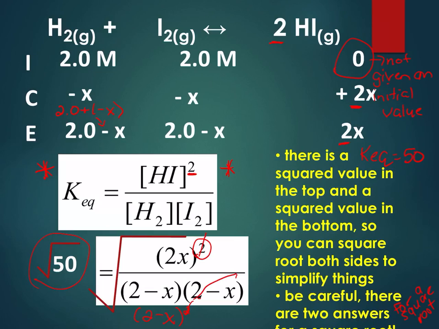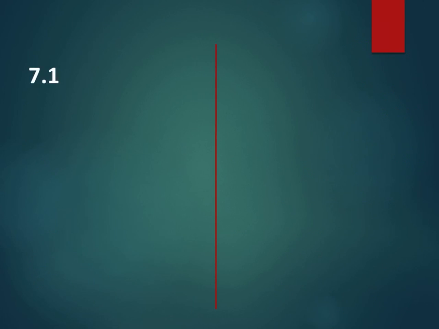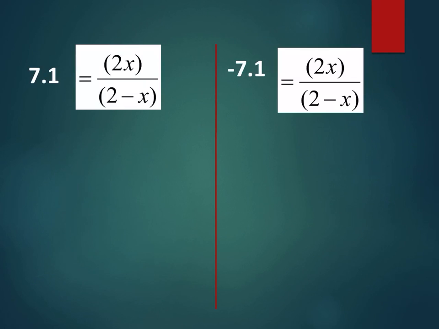So the square root of 50 is positive and negative 7.1. Okay, so we're going to consider both of those if you want to divide your paper a little bit. And we have 2x and 2 minus x. So even if we do square root both sides, you still have a little bit of algebra left to do.